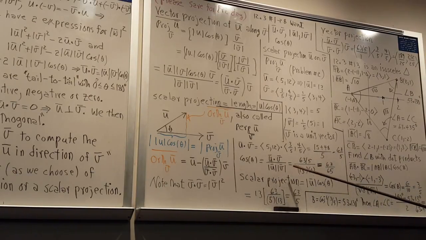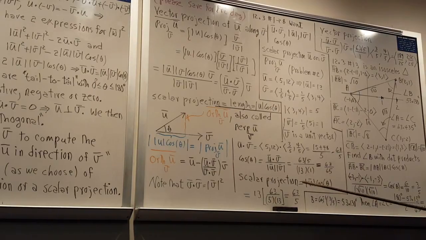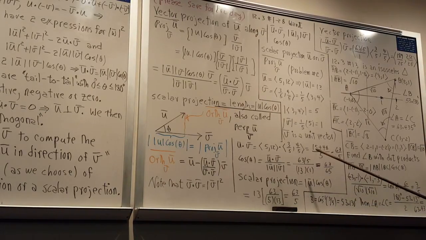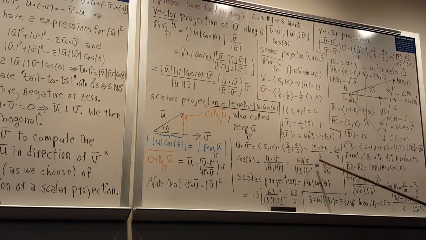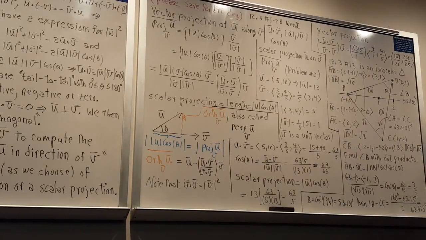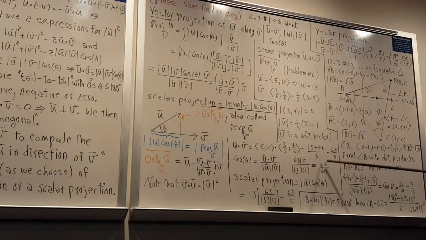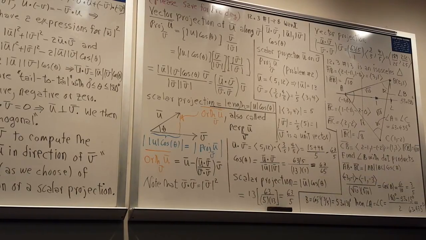My one has length 13 and the other has length 1. So you have the 63 on top, and this 5 and this 13 make 65. And then if you wanted the angle, you'd have to use your calculator and do the arc cosine.